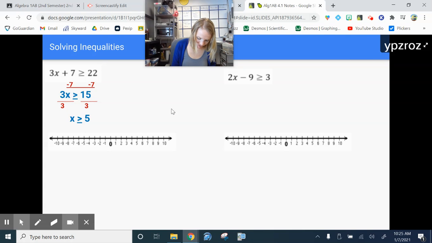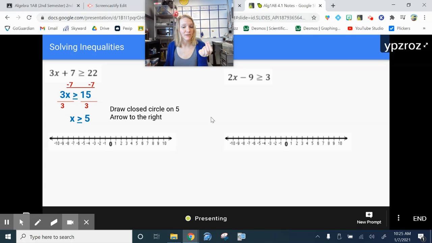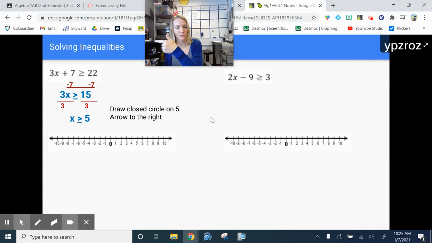And then we want to graph this now. This is the part that's extra, because we like being extra, from just an equation. So the part we're going to do now is graph the inequality. Because it is a greater than or equal to symbol, we're going to draw a closed circle, and we're going to draw it on the 5 because that's the number they told us. And because it's a greater than symbol, we're going to arrow to the right.